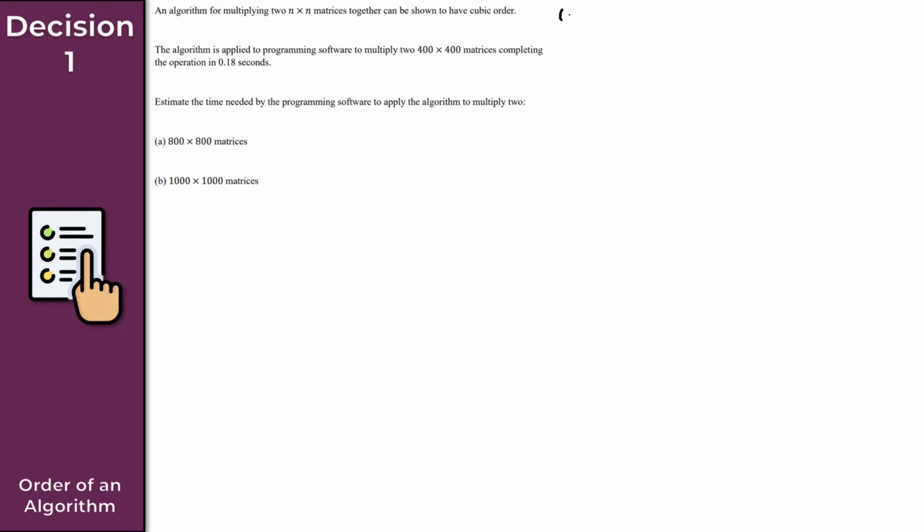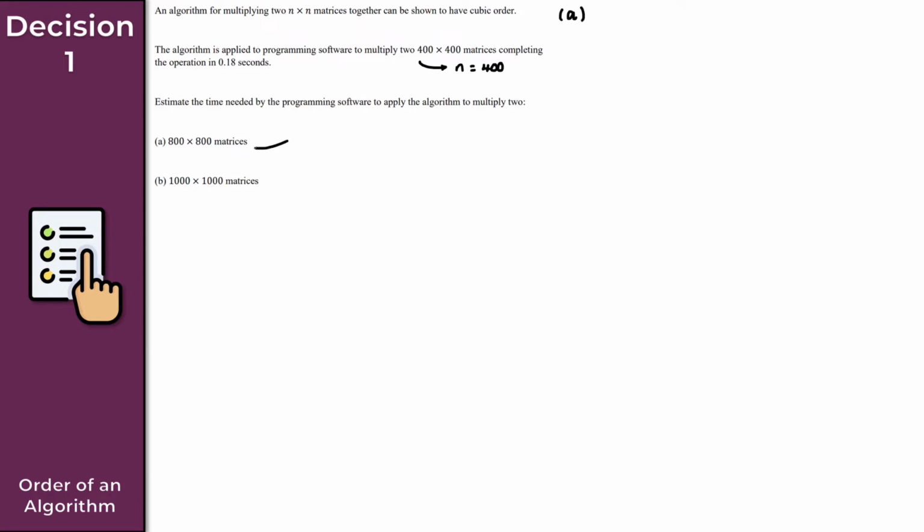So for part A, where do we begin? Well, the first thing that we need to find is the factor. In other words, what does the size of the problem increase by? Just notice we're working with square matrices, n by n matrices. So to start off with, n is equal to 400.